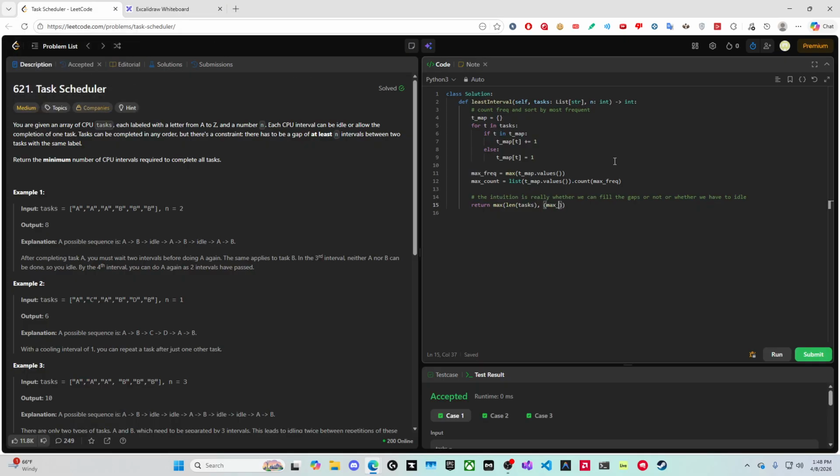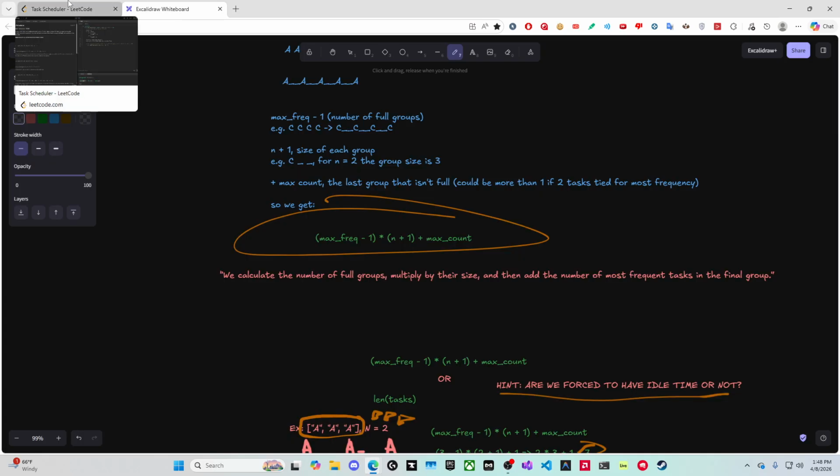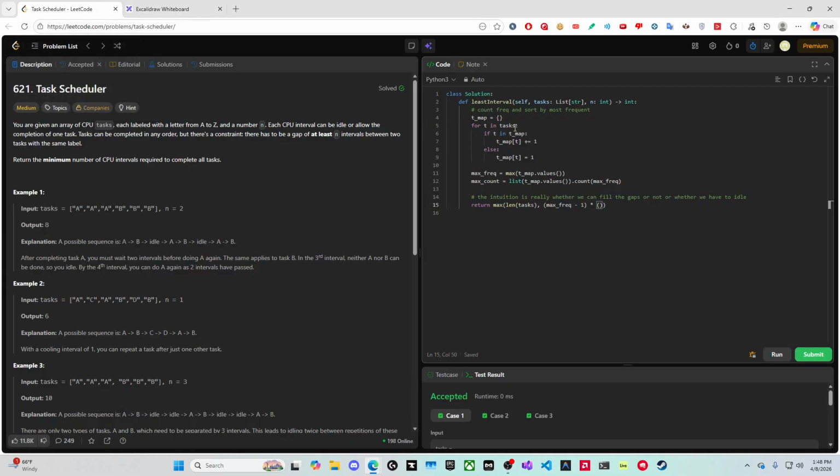And remember the purpose of the formula. It's really just how we would lay out these tasks using the most frequent elements first. But this, of course, would be cases where we actually do have idle time, right? So, and then times n plus 1, and then plus max count, okay?